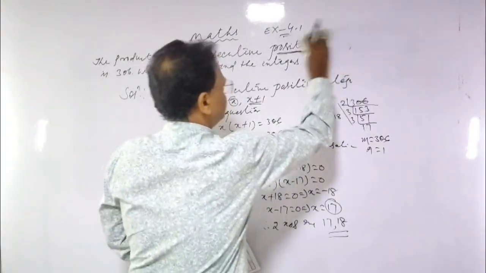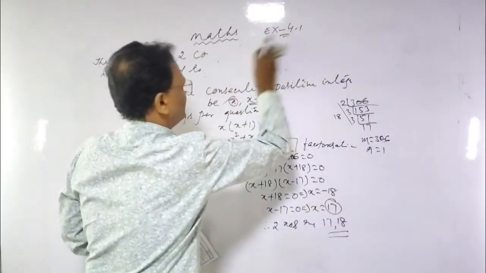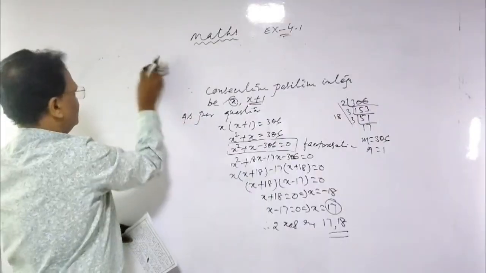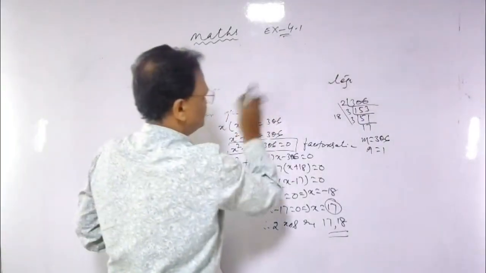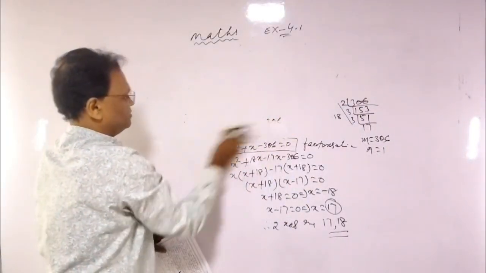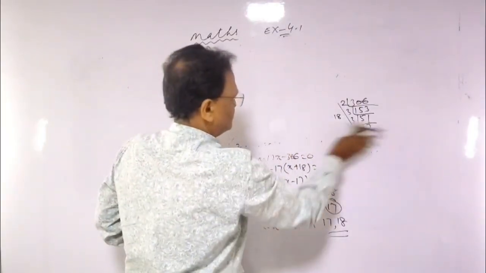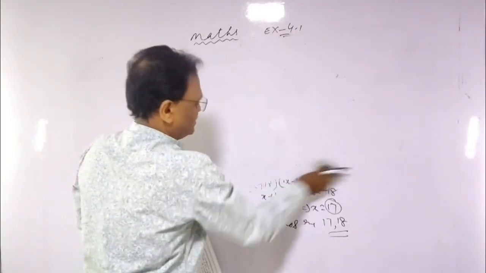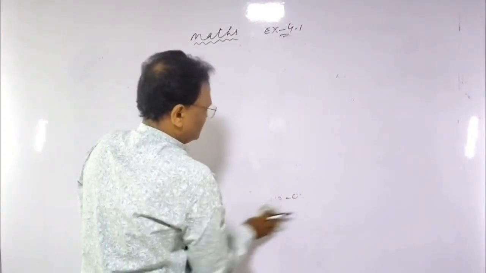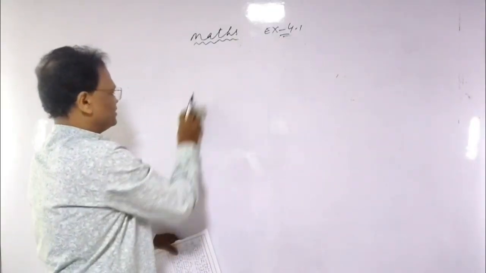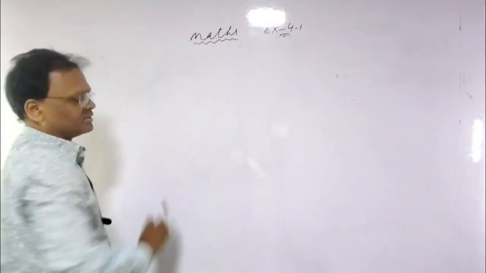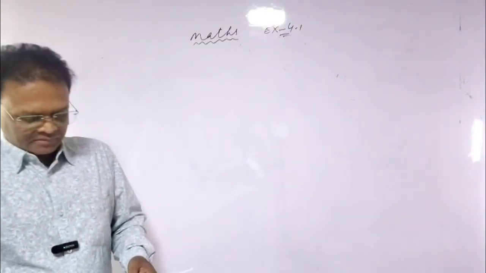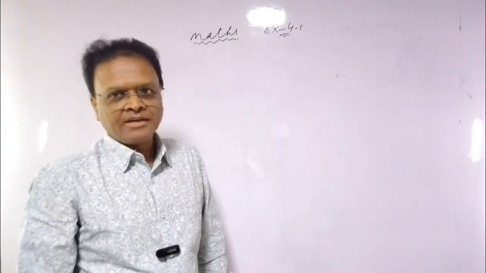The next question is again of this type, about numbers. Next question, what is given? Instead of consecutive numbers, find two numbers.